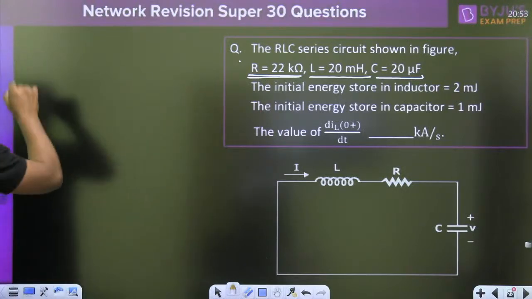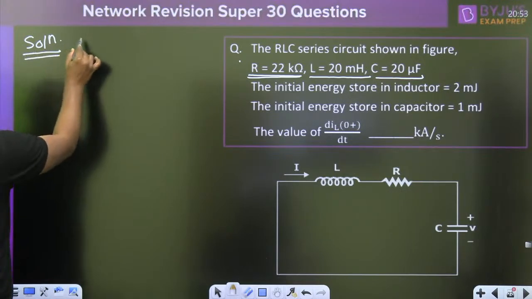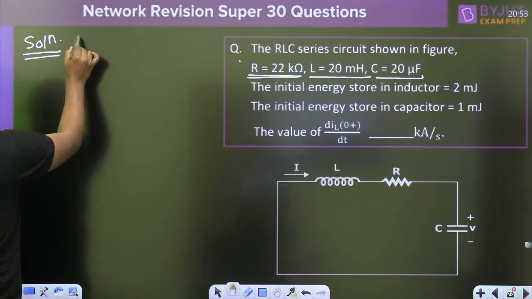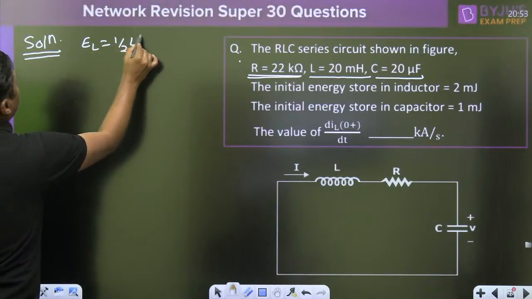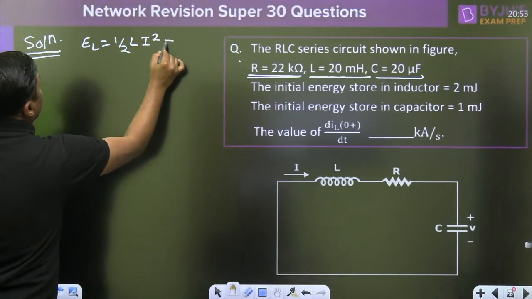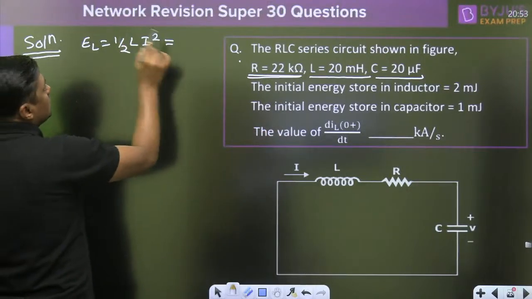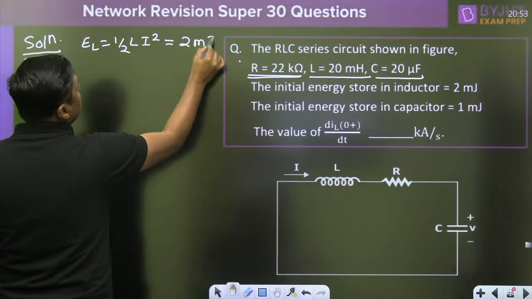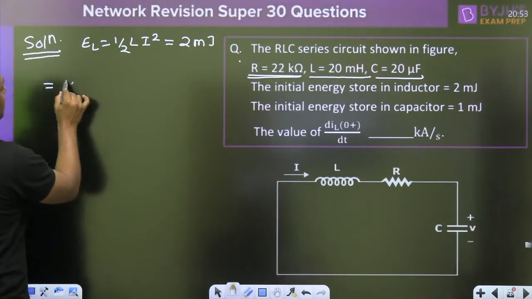First, the energy stored in the inductor is given by half of L i square. That energy is given as 2 millijoule. What is the value of the inductor? Inductor is given as 20 millihenry.